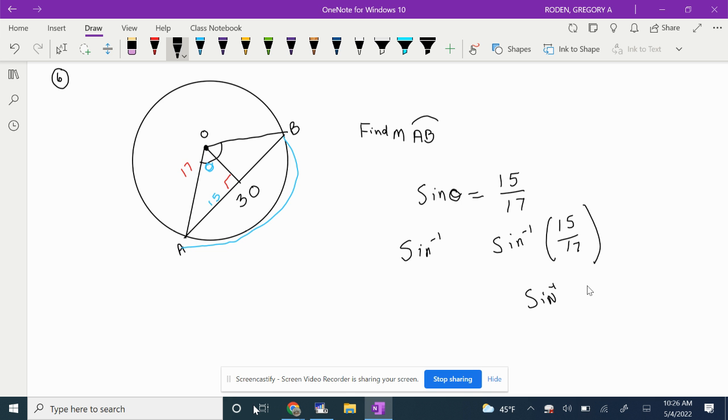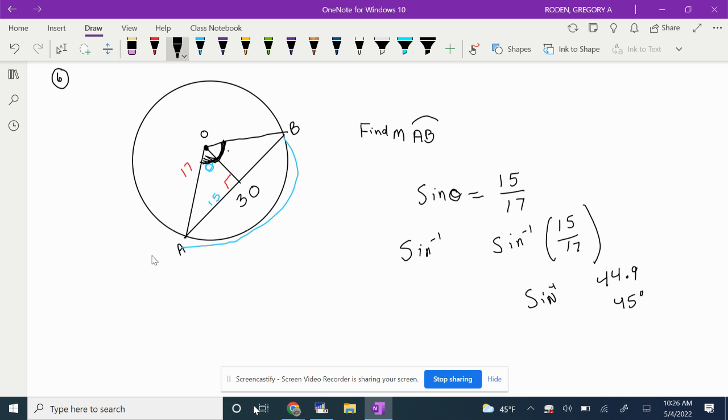In degrees, yep. What is it? 44.9. We get about 44.9, or we'll round that to 45 degrees. And so what is this angle right here, guys? That's a 90-degree angle. That's crazy. So this is 90.